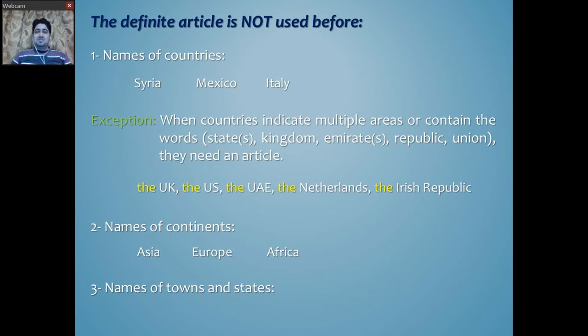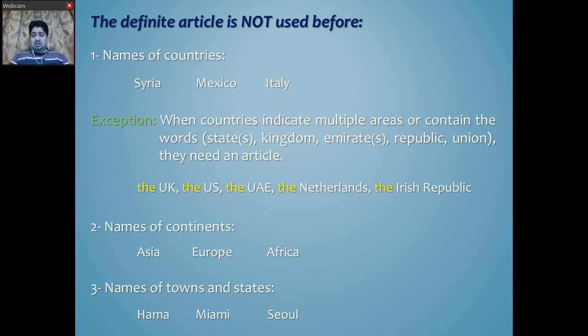Number 3, names of towns and states. Okay, for example, Hama. This is a city in Syria, if you don't know. So this is a city or a town. Okay, we don't use any article here. Miami, which is in America, and Seoul, which is in South Korea.